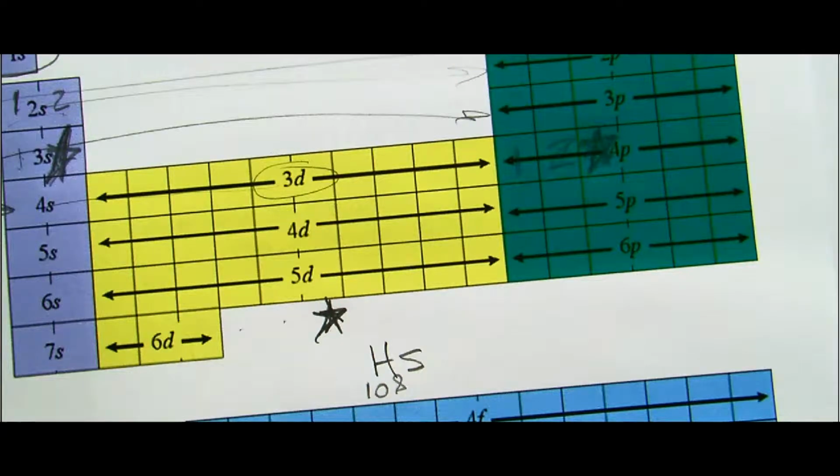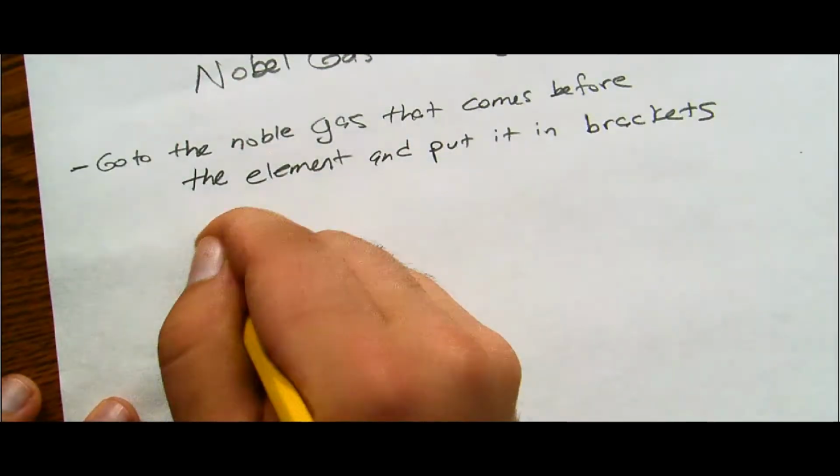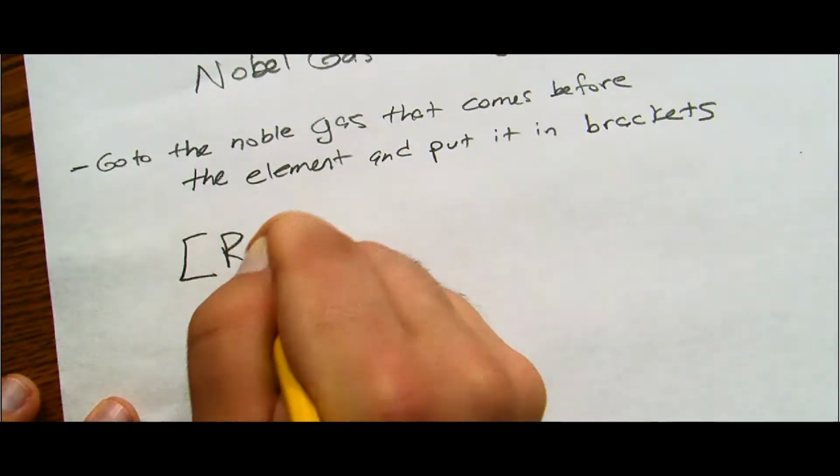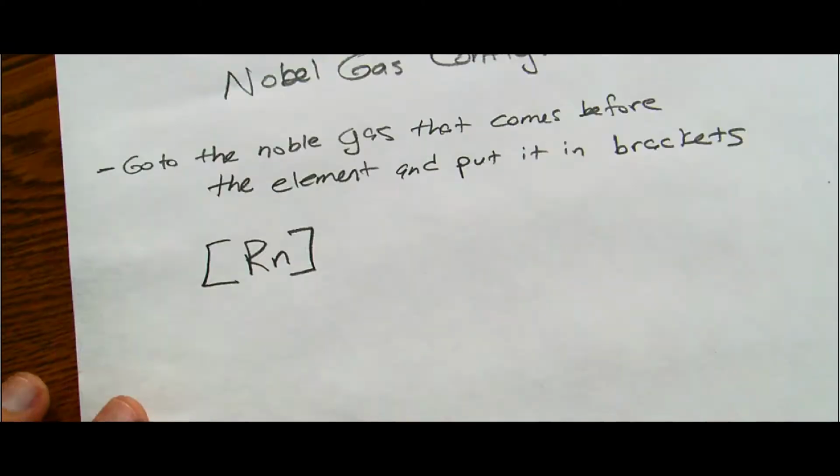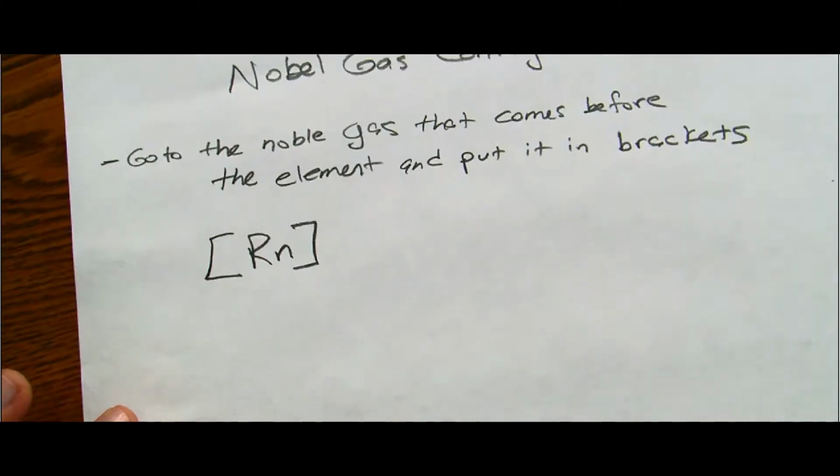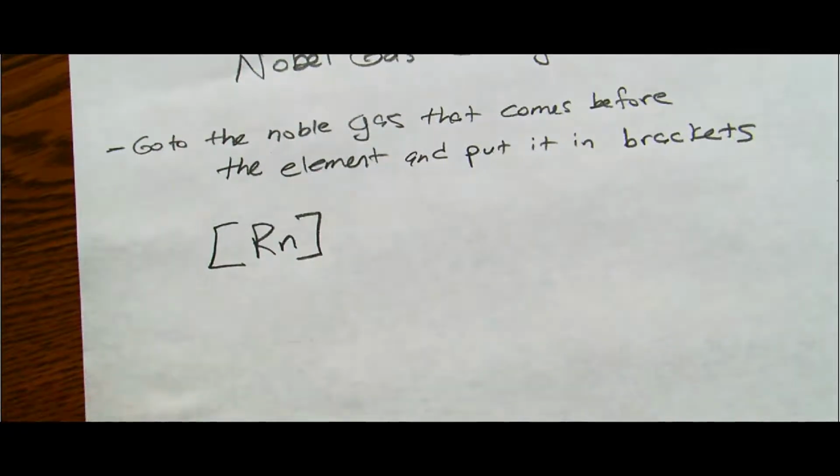That's the closest one, right? So Rn. So what I'm going to do is I'm going to put brackets of Rn. And that made me skip 86 different elements.